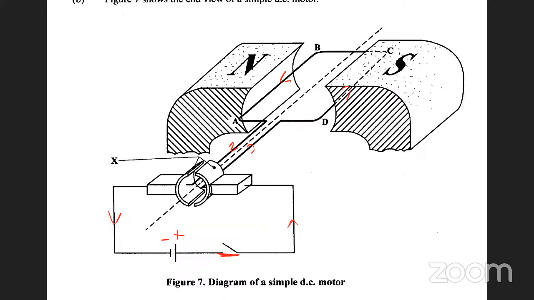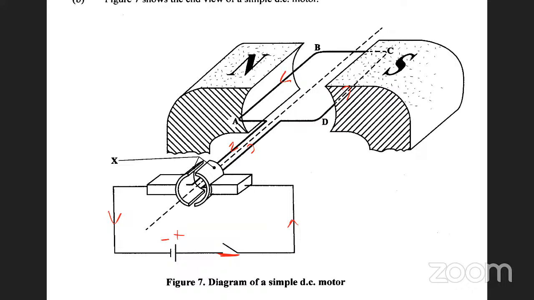So, answer number one: current is flowing from D to C to B to A.